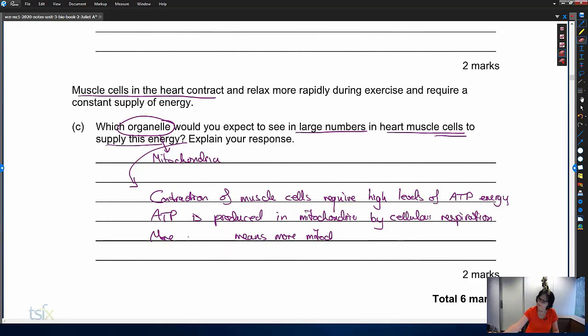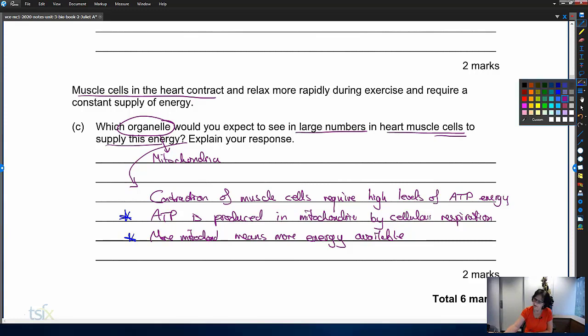More mitochondria means more energy supplied or available. You had to obviously talk about mitochondria being where ATP is produced, but you also had to talk about why are there more? And there are more because it is about supplying this higher level of energy.